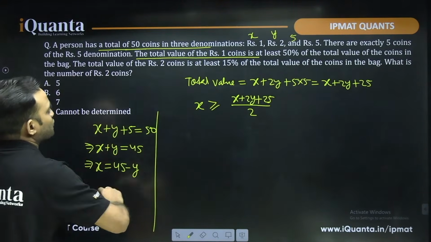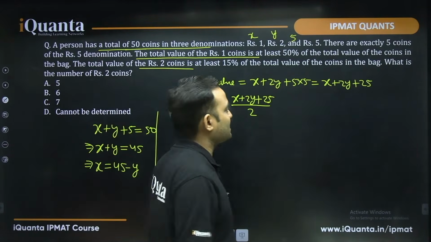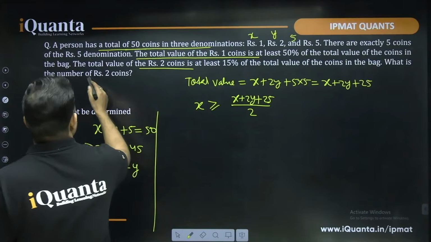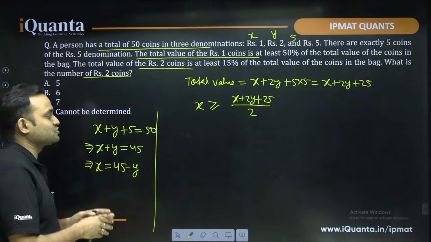The total value of rupees 2 coins is at least 15% of the total value of the coins in the bag. What is the number of rupees 2 coins? So we need to find the value of Y, taking X in terms of Y.